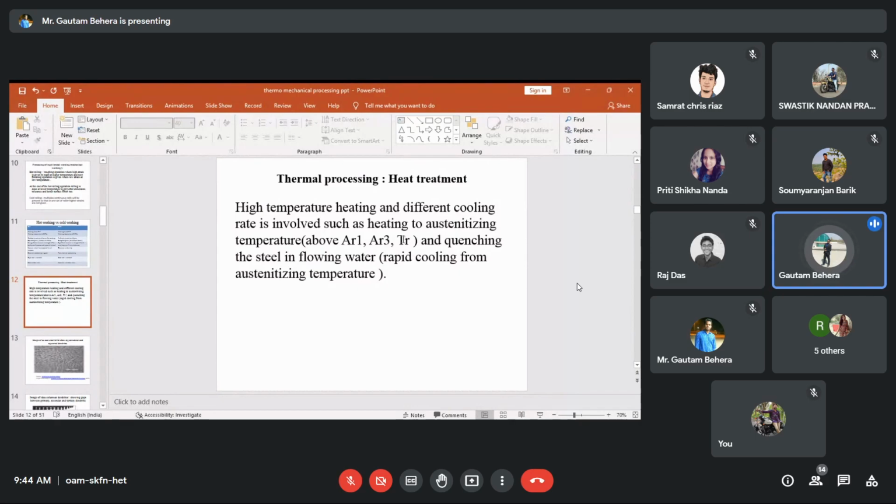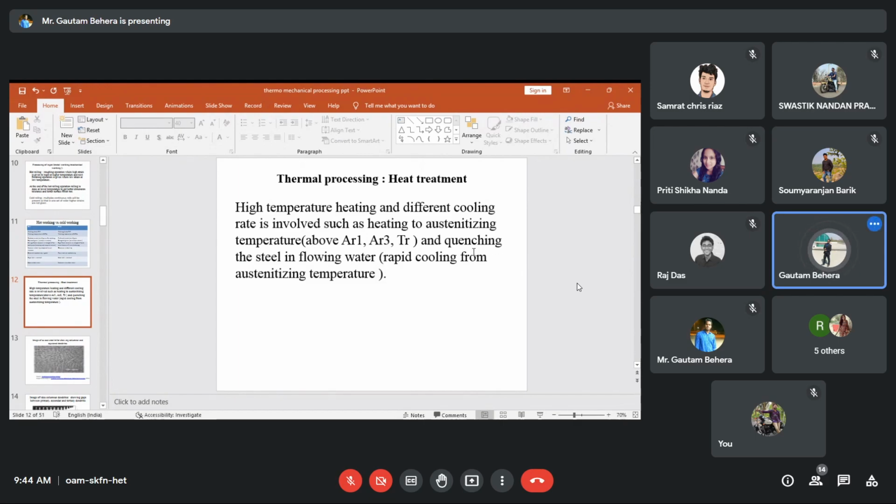But the moment you take the deformed material to a high temperature, above the recrystallization temperature, recovery and recrystallization will take place. The defects will get annihilated, and formation of new grains will take place along the high energy regions, like the dislocations and the grain boundaries. At the end, your grains become equiaxed. Elongated grains will become equiaxed, that is recrystallization.